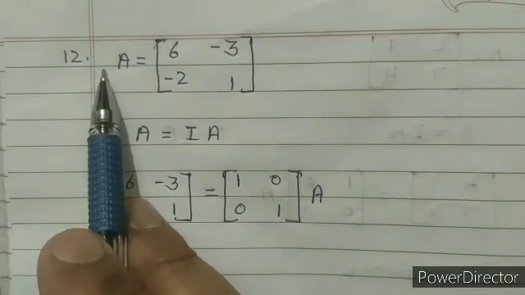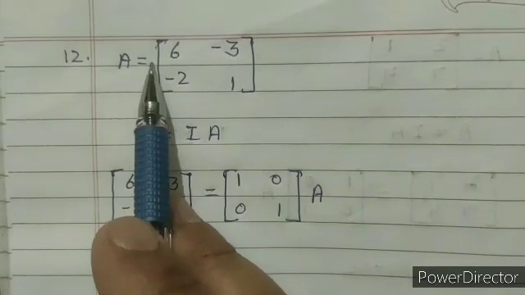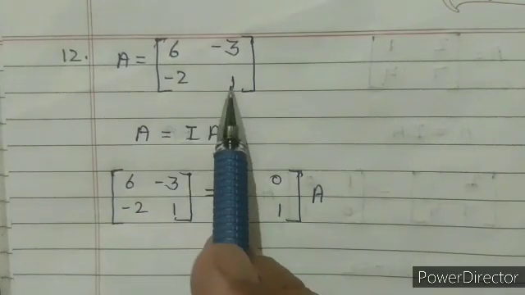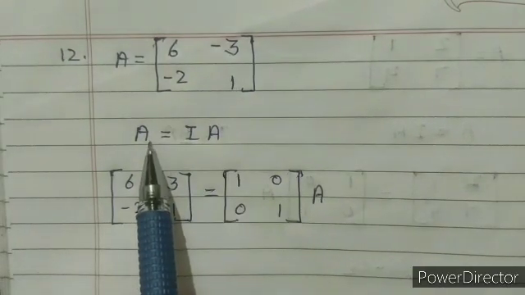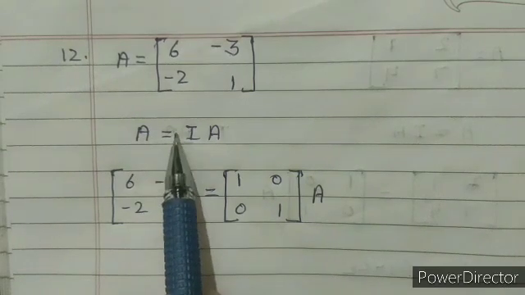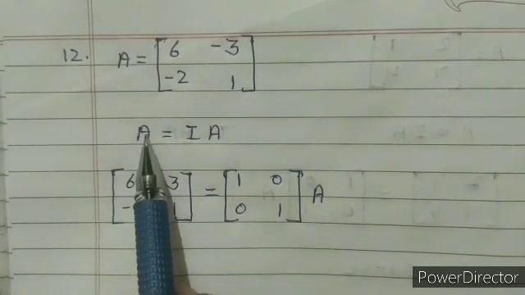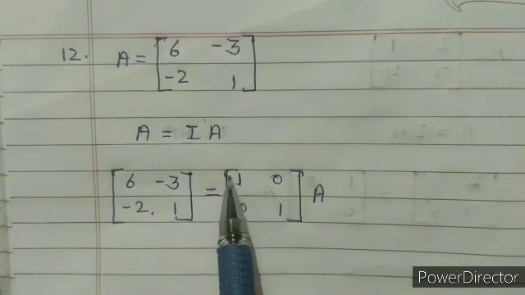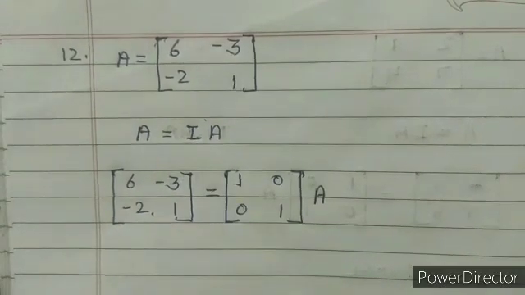Now in question number 12, matrix A is given to us, that is [6, -3; -2, 1]. Our first step in order to find the inverse of a matrix is that we have to take A equal to IA, and we will put the value of A and I, that is the identity matrix.